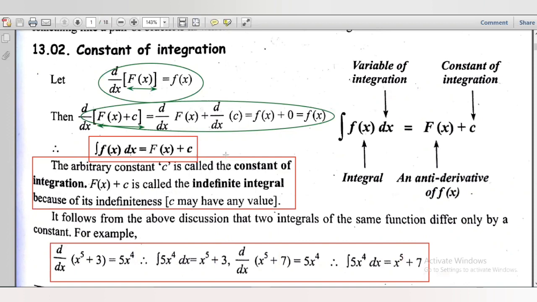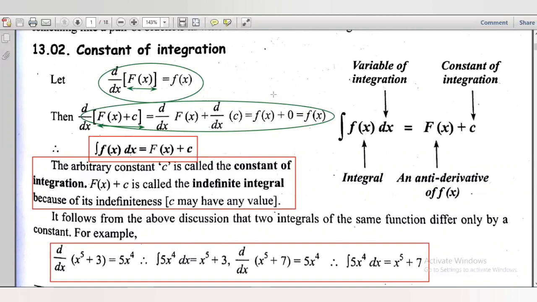Integration is one of the best topics, as we use it in different subjects: physics, physical chemistry, economics, commercial mathematics, and nowadays biological mathematics or mathematical biology. That's why this is a very important topic, mandatory to know for each and every student.